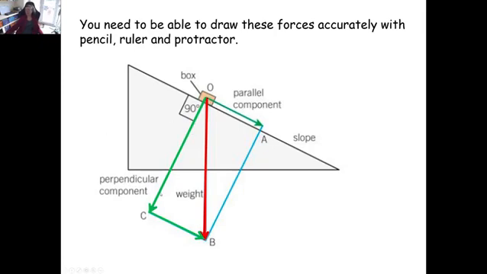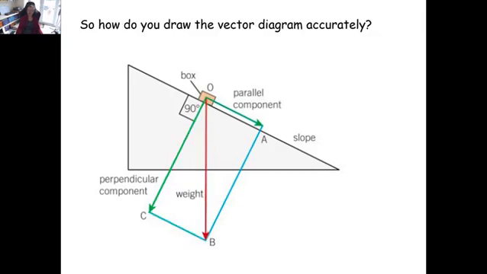We've drawn the first vector, and then at the end of that first vector we've drawn the second one, and then we add them together, start at the beginning and go to the end, and you can see how these two components are resolved to make up the weight of the object on the slope. So how do you draw that accurately? Because it's not an easy thing to do, and it takes a little bit of practice.